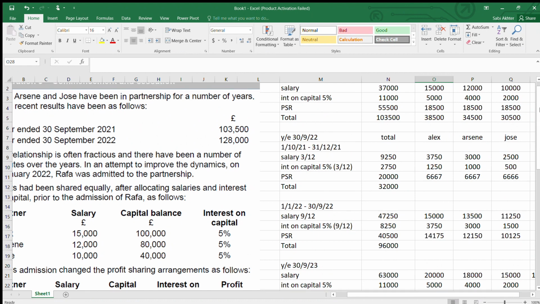For year end 22, what do you have to do? For year end 22, there has been a change. There have been 2 periods of account. One is up to 3 months. One is the last 9 months. So you have to add the total. Okay, so when you're doing this also, you have to do the sum function. You have to add this, comma, this, enter. Wait, there has been some mistake.